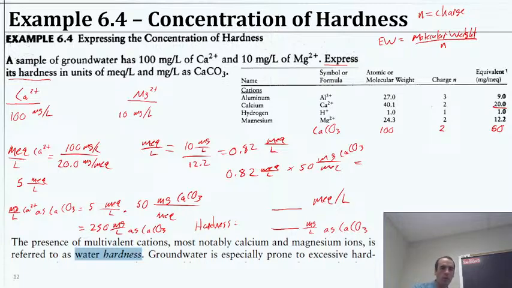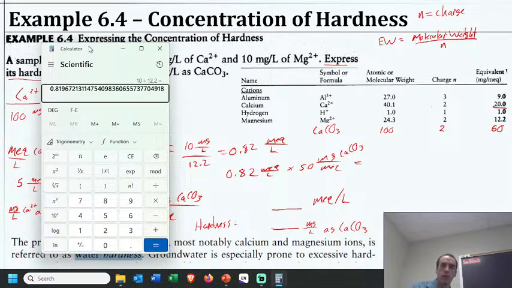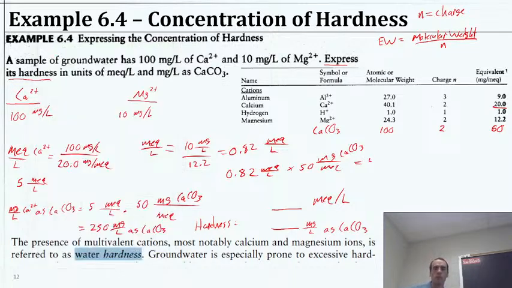Okay, so I'm going to go back to my calculator and show you what I'm doing. So this is the 10 divided by 12.2, multiplied by 50, and we'll get essentially 41 milligrams per liter. We'll notice that the per liter stays, the milliequivalents will cancel, and the milligrams as CaCO3 will remain.